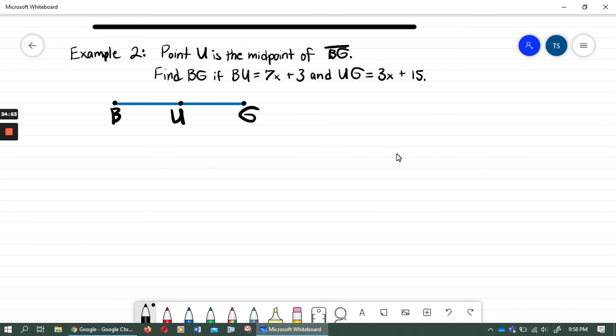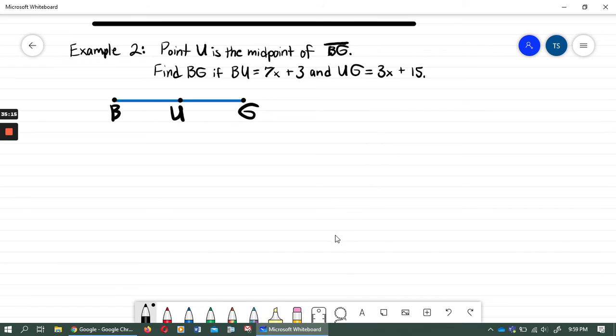But unless they specifically tell you, and they did tell you here that point U is a midpoint, so we know that it is. But when we're doing a diagram, we want to put something on that diagram that lets other folks know this point is a midpoint. So make sure that you do that. We need to put up here some matching congruency marks that look like little tick marks. That's what we need to do right now.